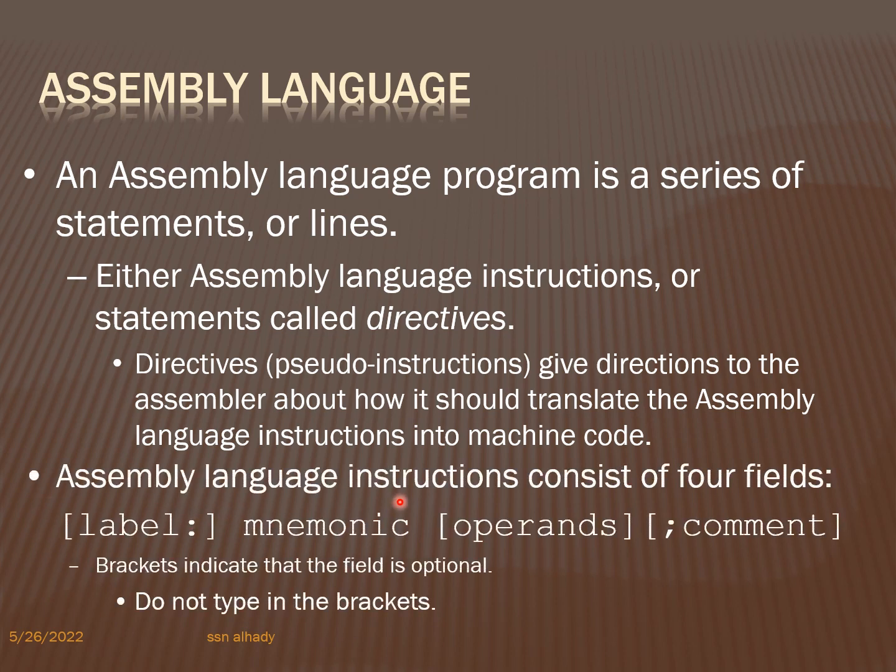Okay, an assembly language instruction actually consists of four fields. You look here, the first one is label, then you have a mnemonic, operand, and comment, the last one. If you look at the example here, brackets indicate that the field is optional.